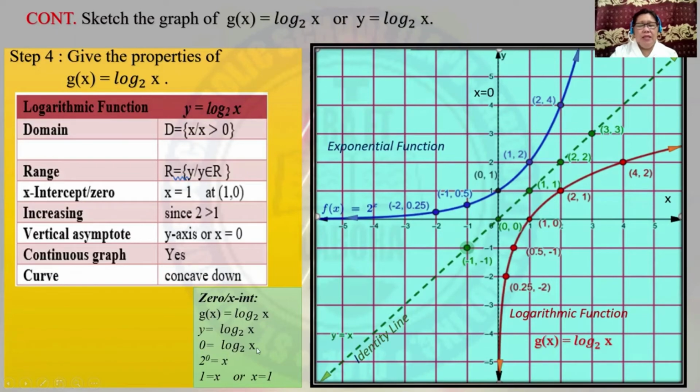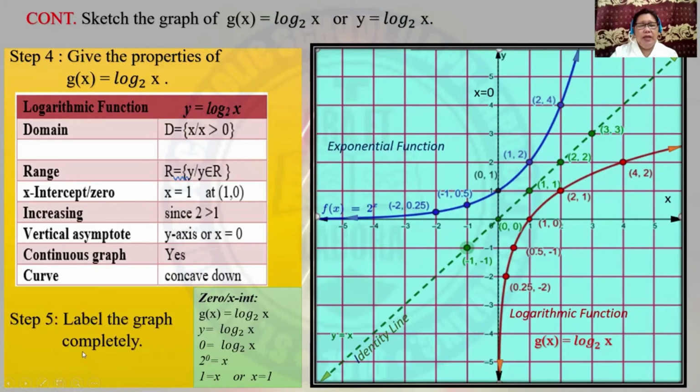Then after this, we are going to change the logarithmic form into exponential form. So the exponential form is 2 raised to 0 is equal to x. And the value of 2 with exponent 0 is 1. That is why the value of x is equal to 1.